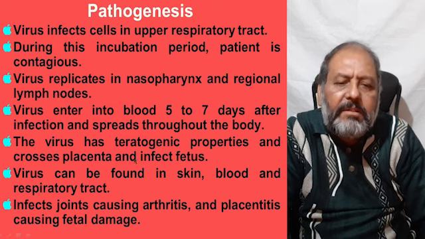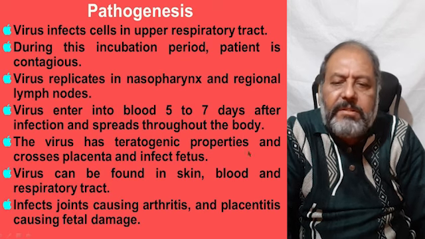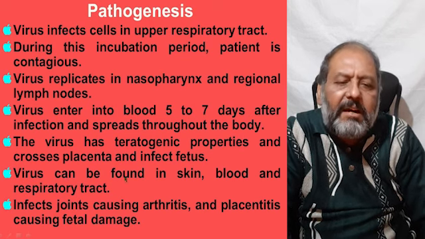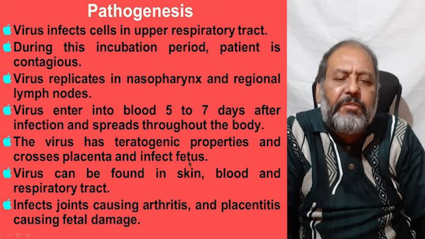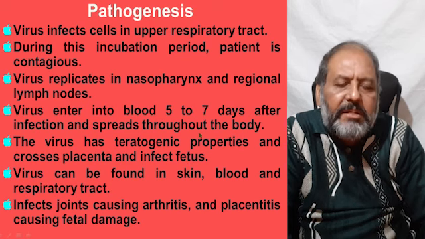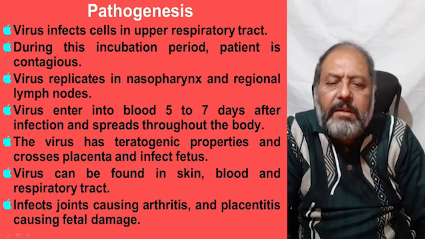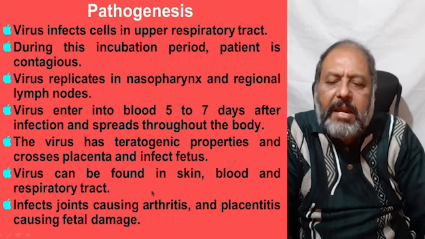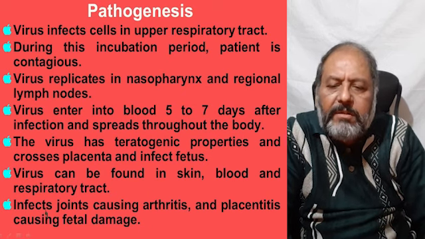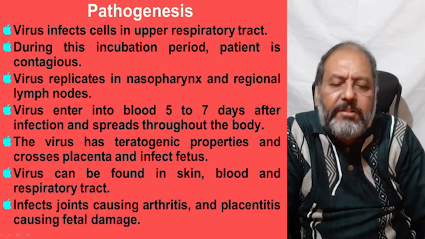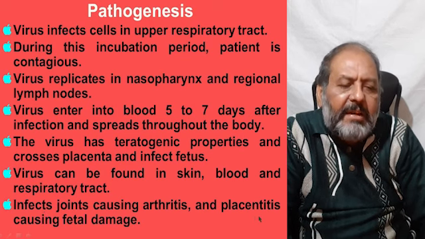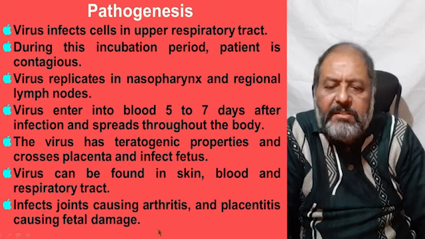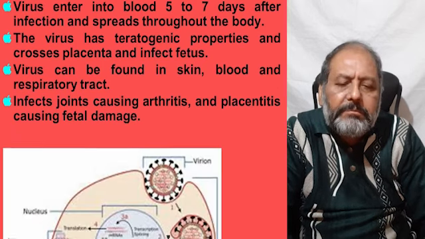The virus has teratogenic properties, crosses the placenta and infects the fetus, causing congenital rubella syndrome. The virus can be found in the skin, blood, and respiratory tract of the infected person. It infects the joints, causing arthritis, and the placenta, causing placentitis and fetal damage.